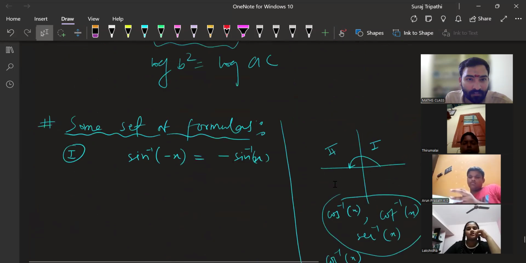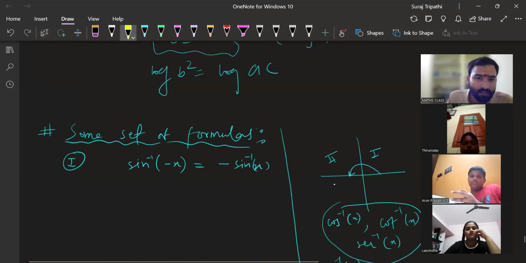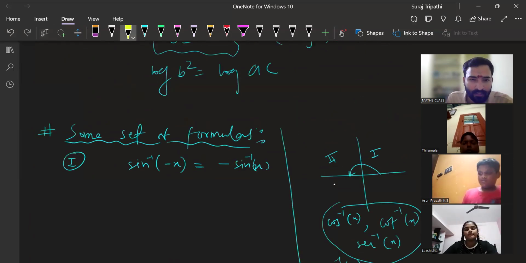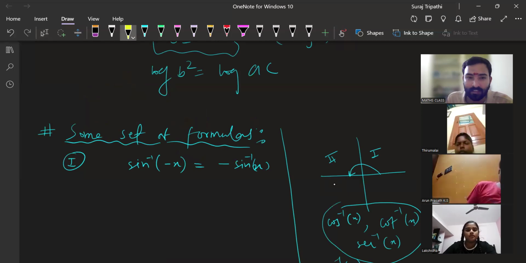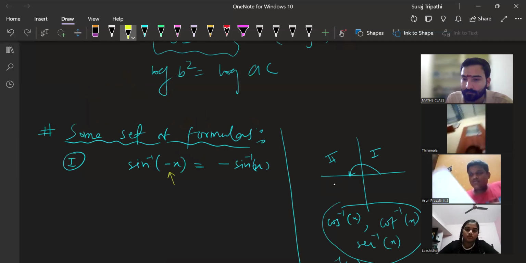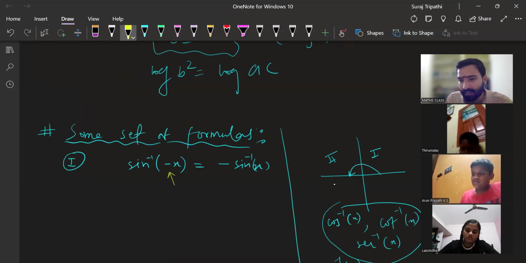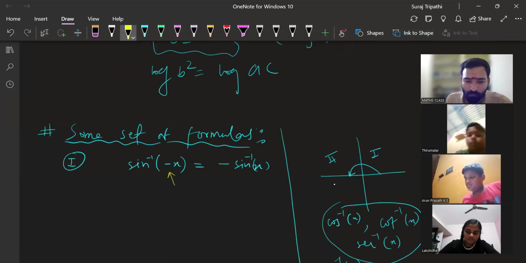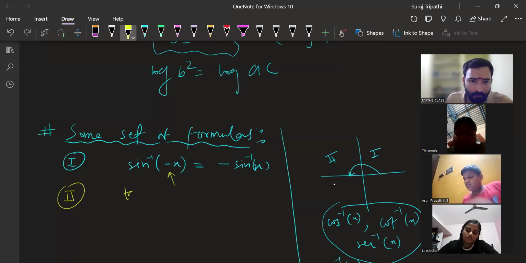Now write down the formulas. I started this concept, some set of formulas. First formula: sine inverse minus x. If this argument is negative, you can take the minus sign outside. Second one, tan inverse minus x.